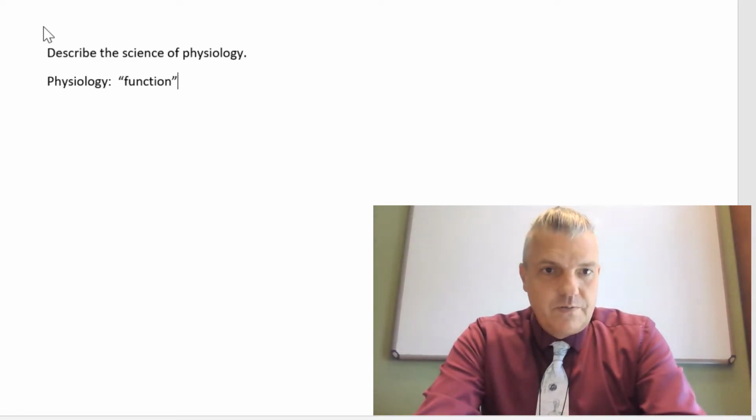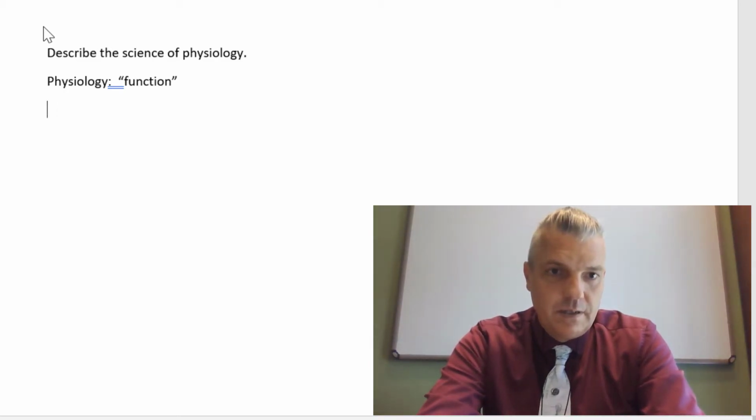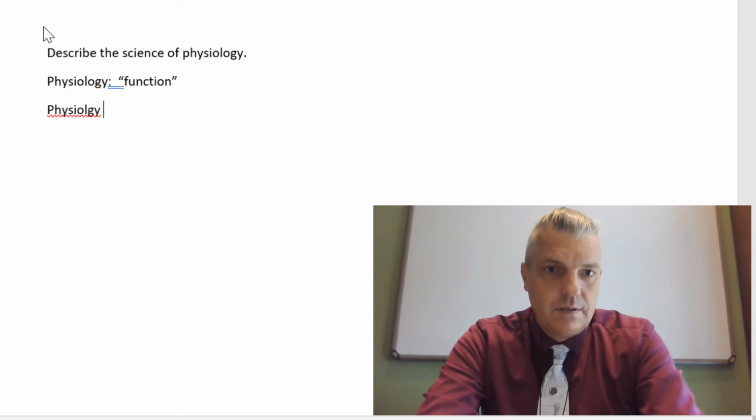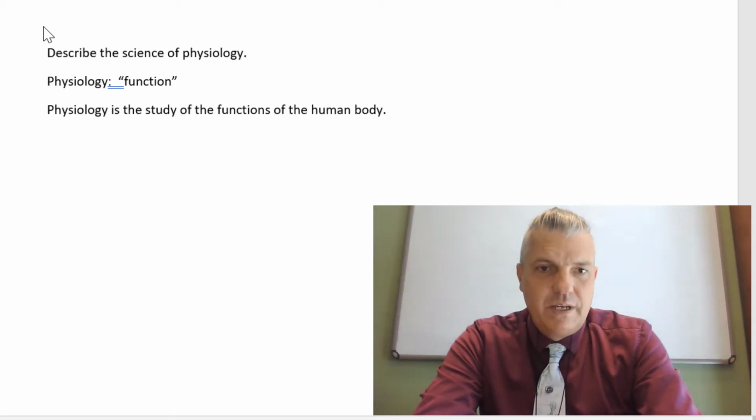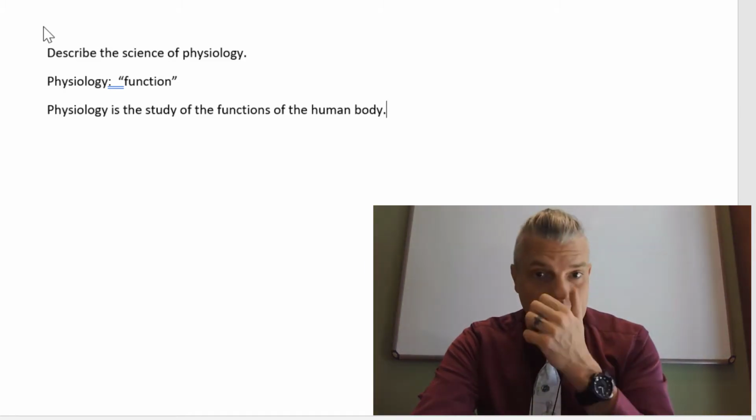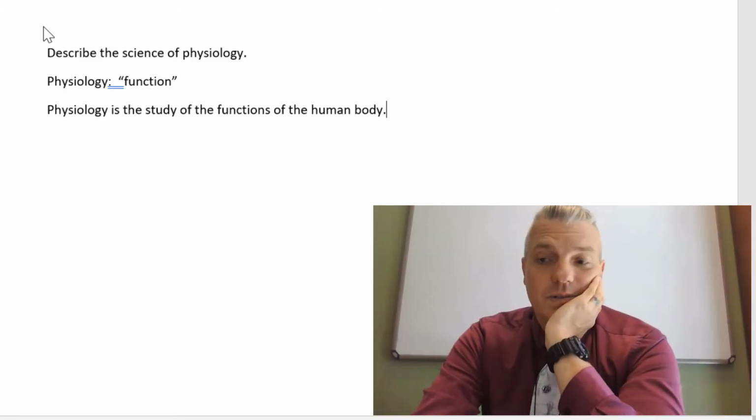So physiology is function. So the science of physiology is the study of the functions of the human body. That's putting it as simple as possible. You could put more detail into it and that sort of thing.